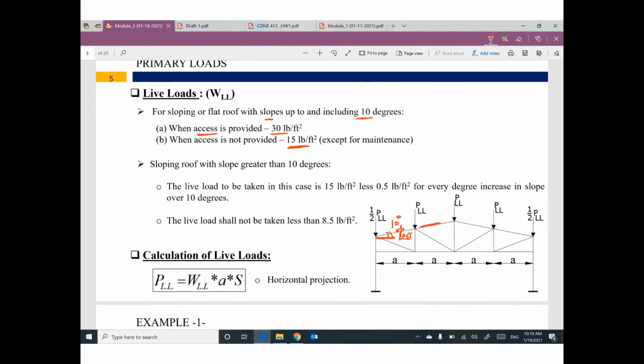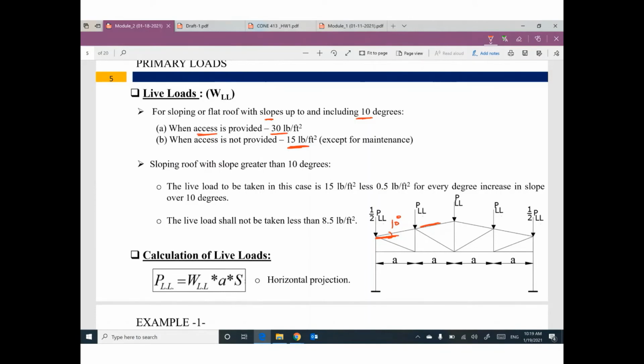So please, first step, once you select the shape of your truss, you need to measure this angle. If this angle 10 degree or less, then the next step you have to decide, are you giving access to the roof?